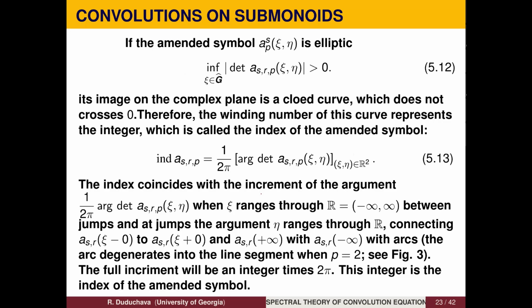As usual, the index of a continuous function is a well-known definition. Now we made the amended symbol continuous, its image is continuous, and we can define the index for the amended symbol. It is the increment of the argument when we run around this curve, divided by 2π. So this is defined if this amended curve does not cross 0, and the definition is correct.